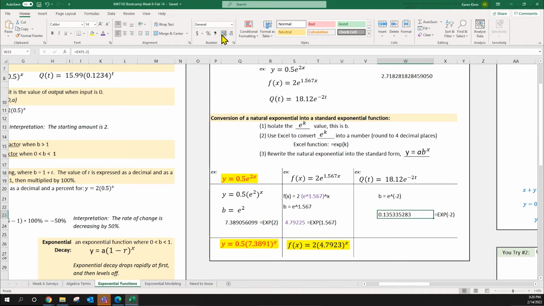And then I'm going to truncate that decimal to 4 decimal places. I'll copy that formula, it formats a little bit better. I'm going to put in 0.1353.